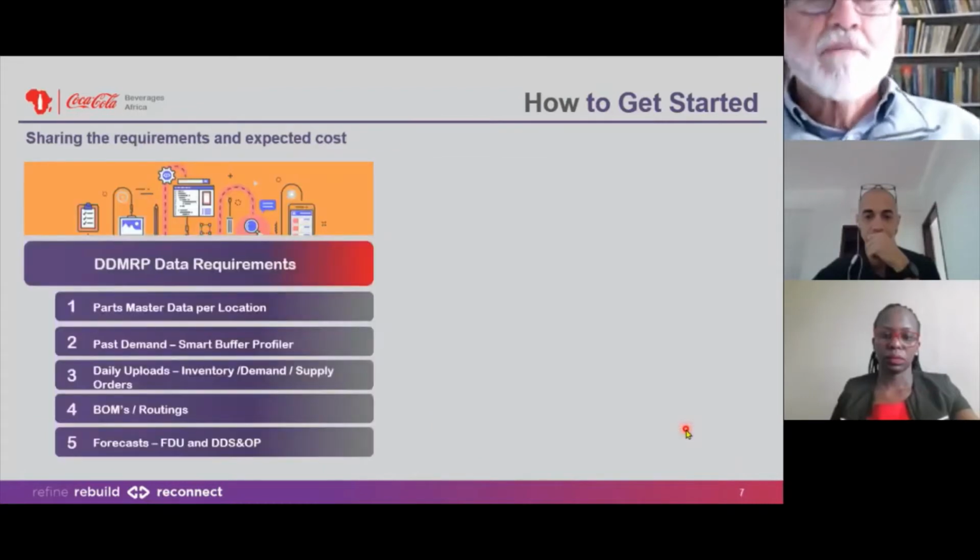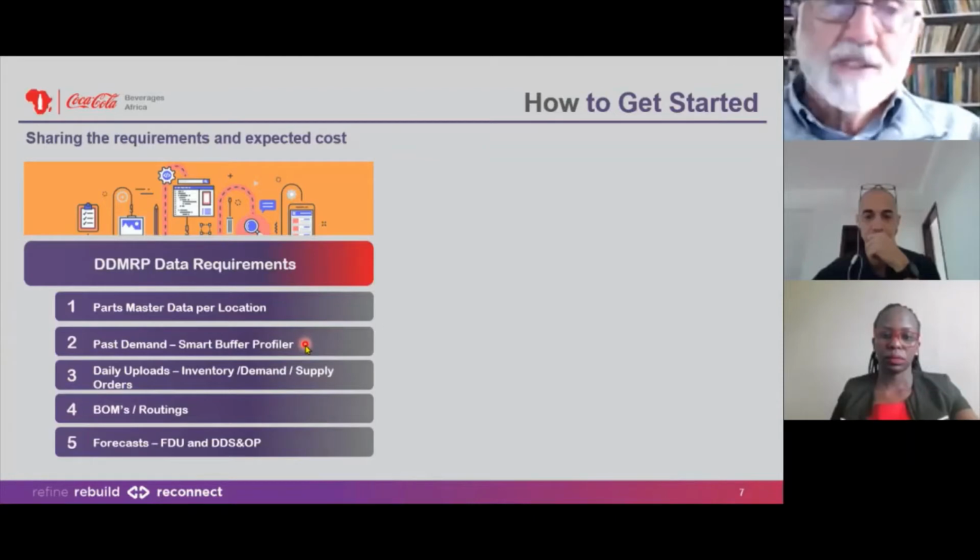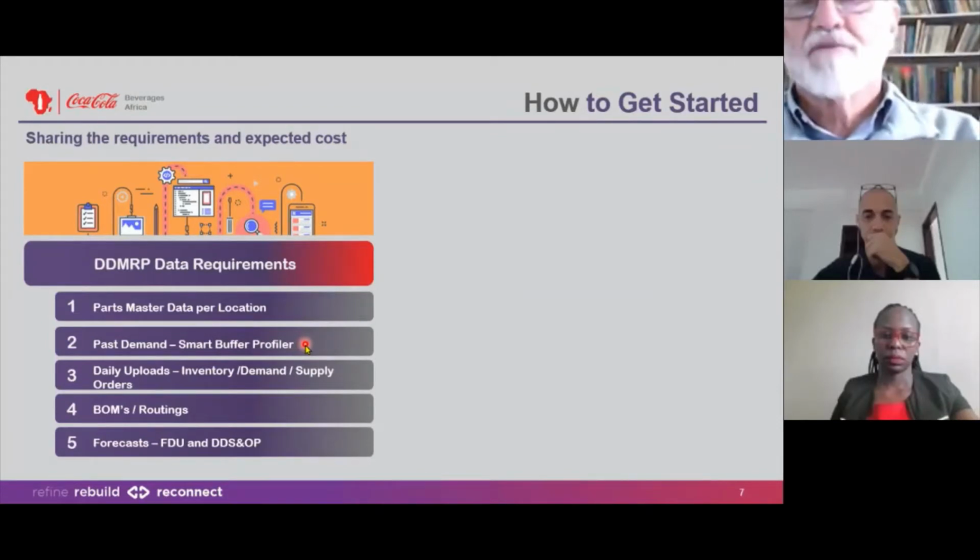So what are some of the requirements that are needed? Yes, we need data to be able to run DDMRP. We need your parts. We need to understand your parts per location. We need to understand, if possible, your past demand data, because we can use that to use the Smart Buffer Profiler to try and determine what are the best buffer profiles for a particular item at a particular location.